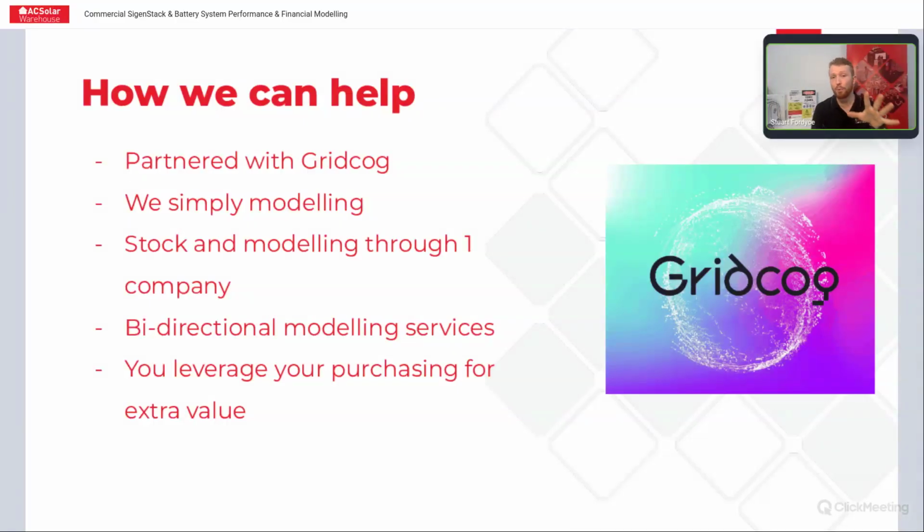But another really important thing about our services is that we offer bi-directional modeling services. And all that means is that, you might have a tender that you want to design, and the tender has already given you the project specifications. It's saying it's this inverter, this number of panels, these batteries, and you've just got to put your costs to that project, and you've got to model the return on investment, because that's what the customer's interested in.